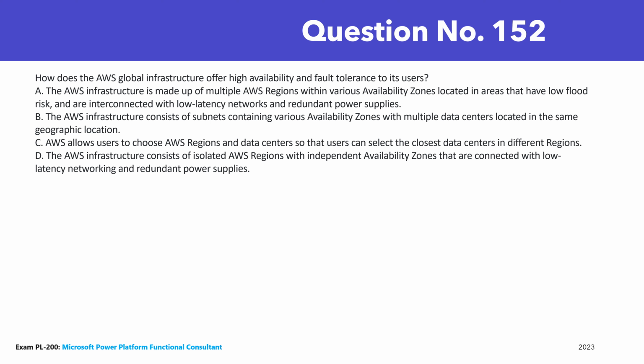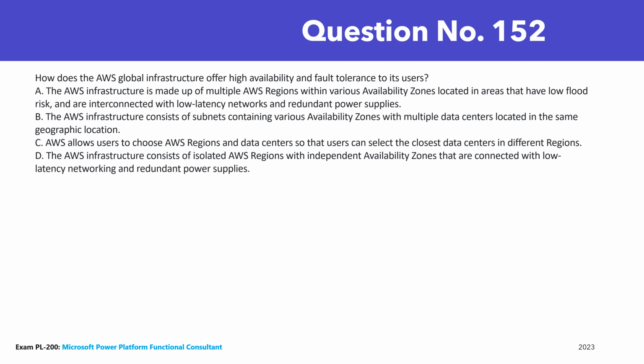How does the AWS Global Infrastructure offer high availability and fault tolerance to its users? A. The AWS infrastructure is made up of multiple AWS regions within various availability zones located in areas that have low flood risk, and are interconnected with low latency networks and redundant power supplies. B. The AWS infrastructure consists of subnets containing various availability zones with multiple data centers located in the same geographic location.